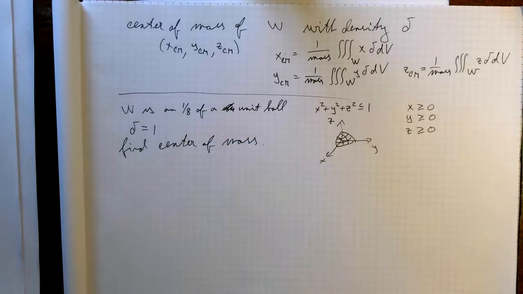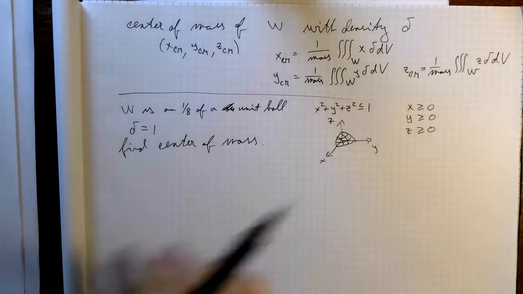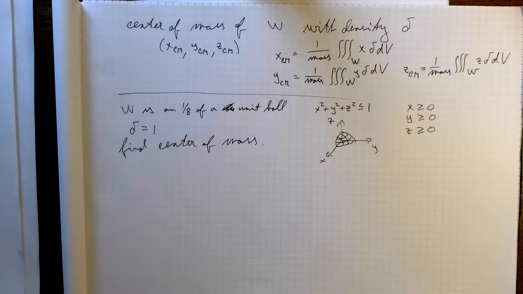For example, if you had such an object traveling through space, what point would it be rotating about, or what point could you use if you were to treat it as a single point? Or if you have it standing on your desk and you want to tip it over, when is it going to tip over?